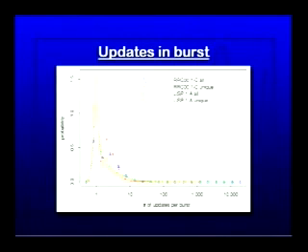So as you can see, most of the bursts contain only a few updates, up to 10, but some bursts can contain more than 10,000 updates, and some have more than 1,000 different updates.